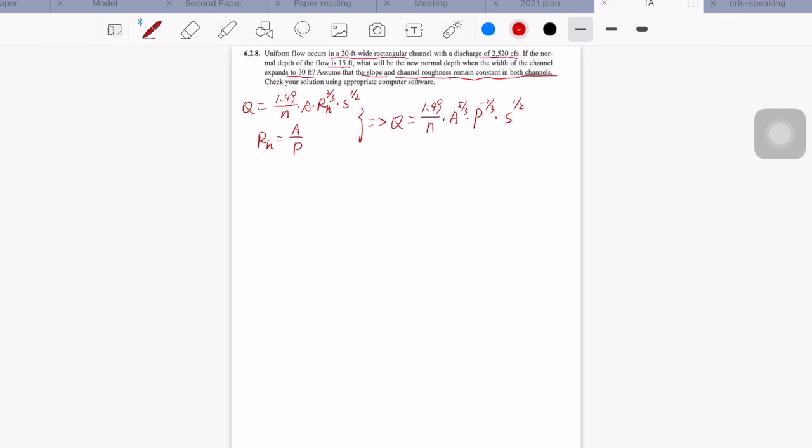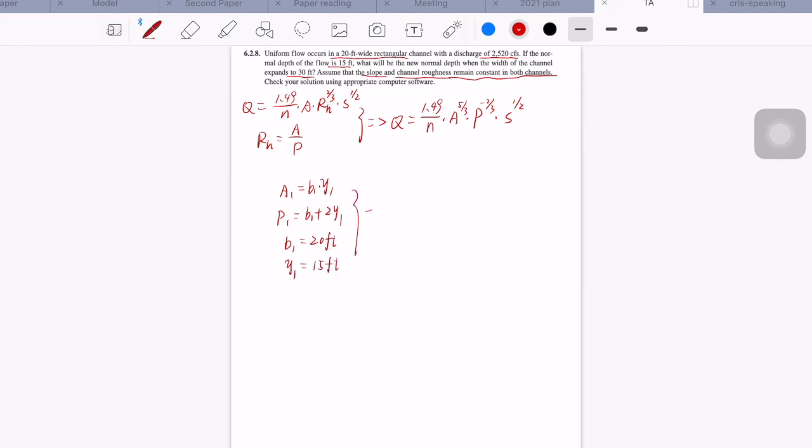For the first rectangular channel, we know A1 equals B1 times Y1, and P1 equals B1 plus 2Y1. And we know from the problem, the width of the first rectangular channel B1 equals 20 feet, and Y1 equals 15 feet.